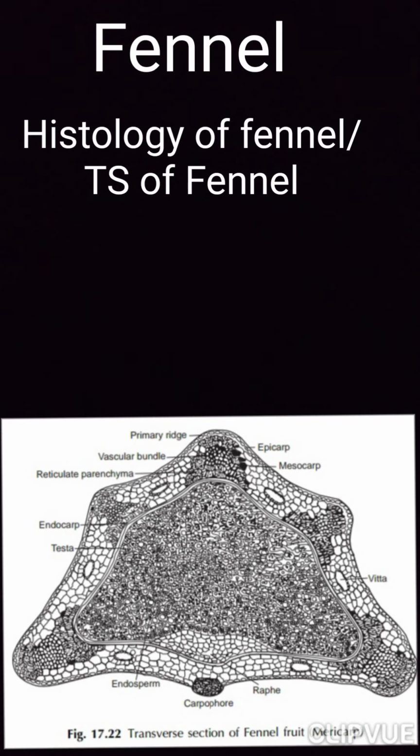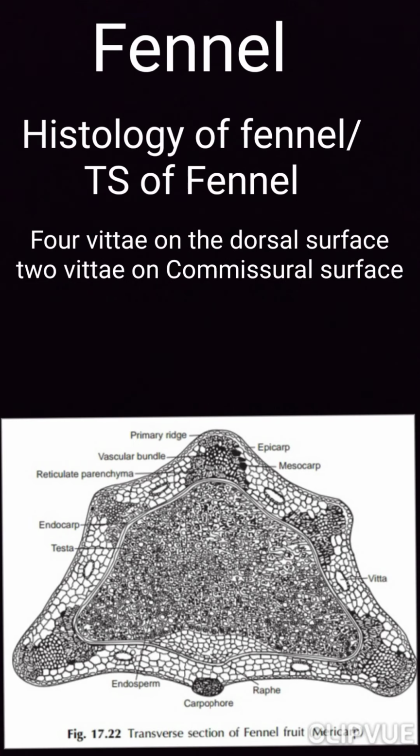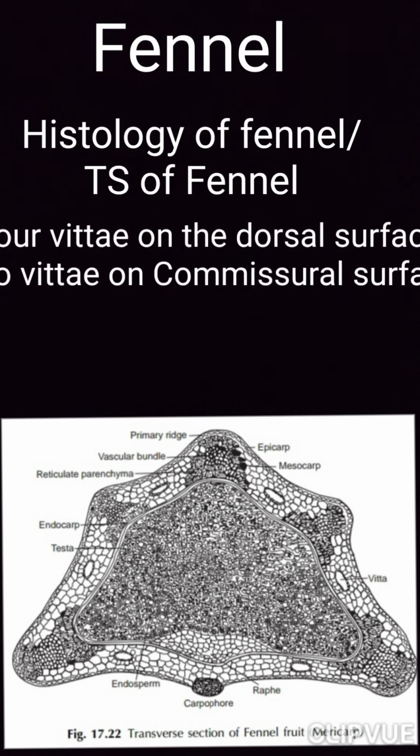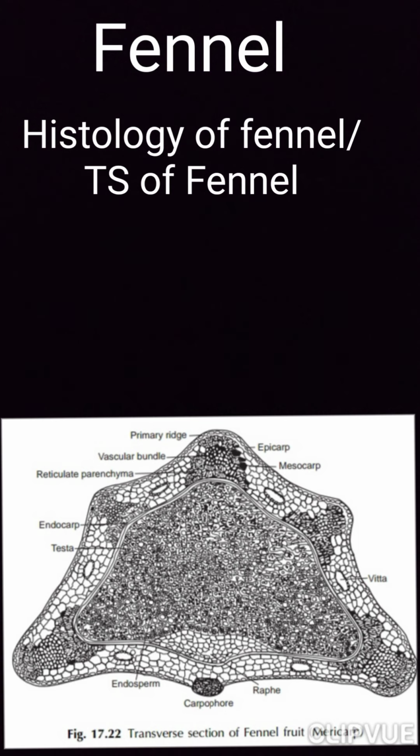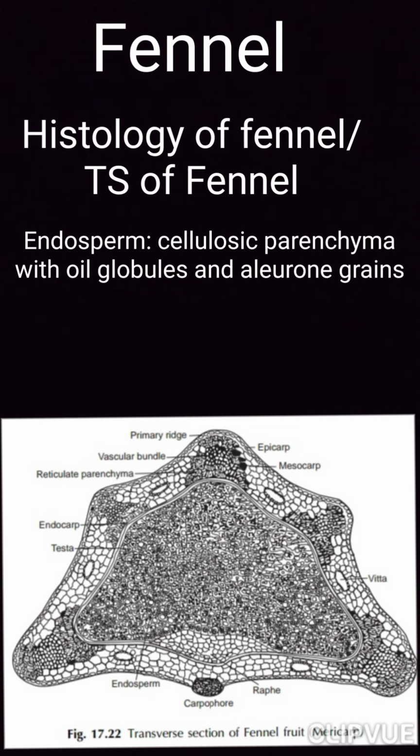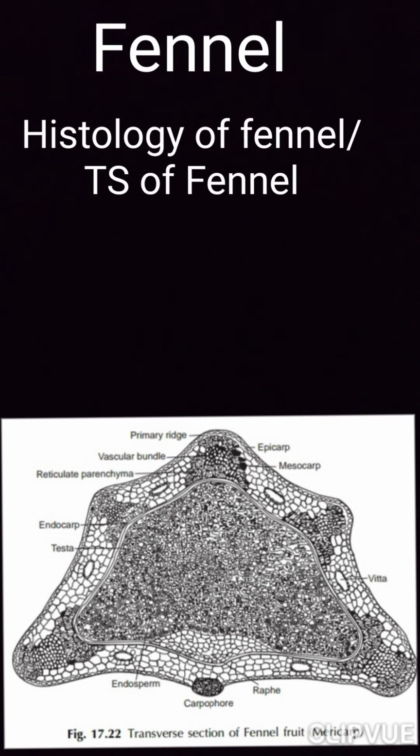Third, four vittae on the dorsal surface, this side and this side, and two on the commissural surface, the bottom one. Then endocarp: narrow elongated cells showing the parquetry arrangement. Fifth, endosperm: cellulosic parenchyma with oil globules and aleurone grains. So this much you can describe.